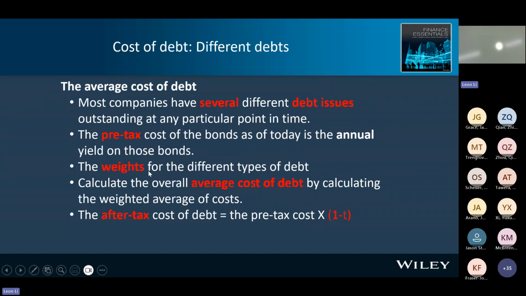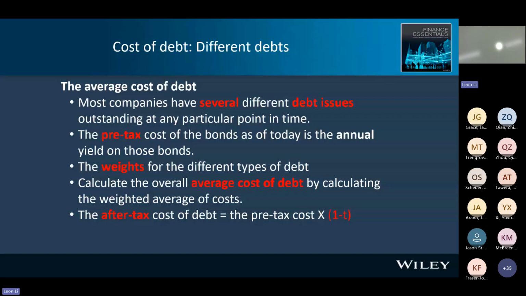The weight for different types of debt. Then we calculate the overall average cost of debt by calculating the weighted average of the costs. Finally, the after-tax cost of debt is the pre-tax cost of debt times 1 minus T. Right. So for me, the sentence could be too long.